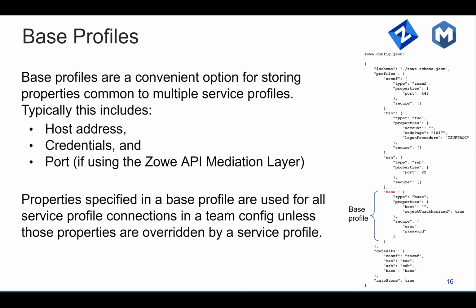I think the most common use case for the base profile is to specify a host address as well as credentials, because those are typically shared among the multiple services that you might be connecting to, assuming you're connecting to a single LPAR. If you're connecting to multiple LPARs or multiple systems with different host IDs or host names, addresses, there are other ways to do this. But if you just have one LPAR you're connecting to, a base profile can help reduce the amount of duplication that you have in your profile.